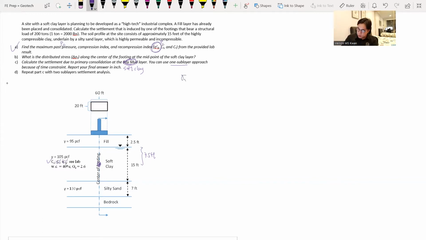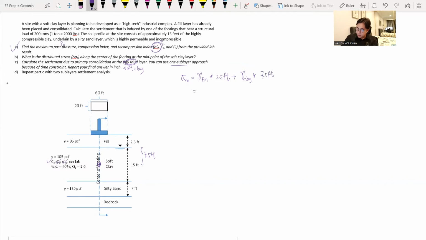First, we try to find the total stress, which would be equal to the gamma fill times the thickness here, 2.5 feet, plus the gamma clay times the thickness at our location of interest, which is 7.5 feet.